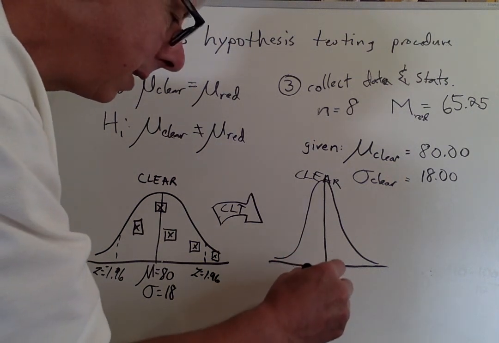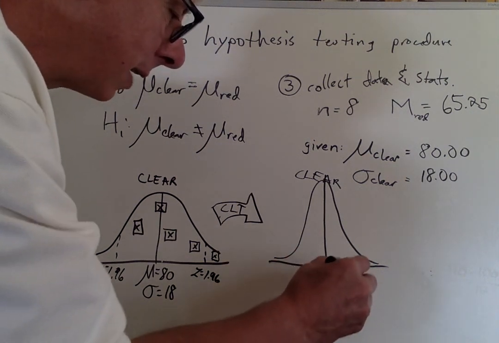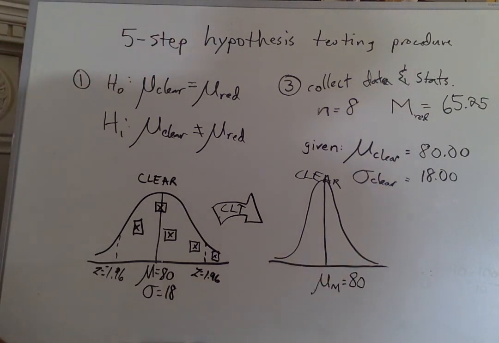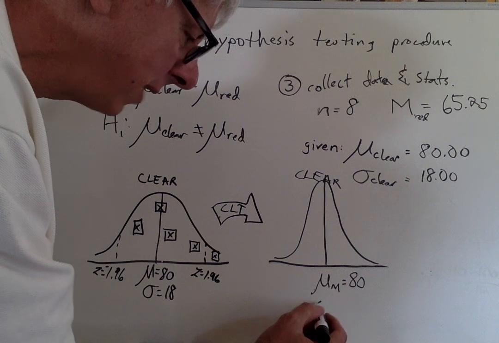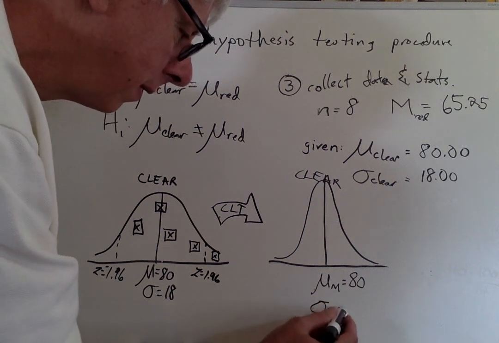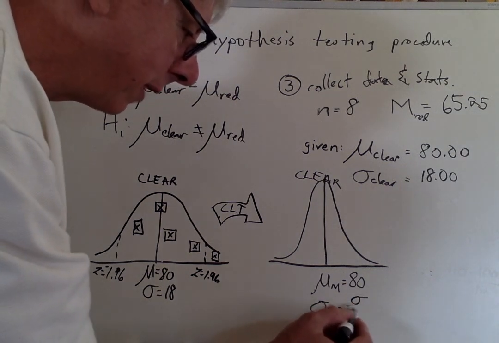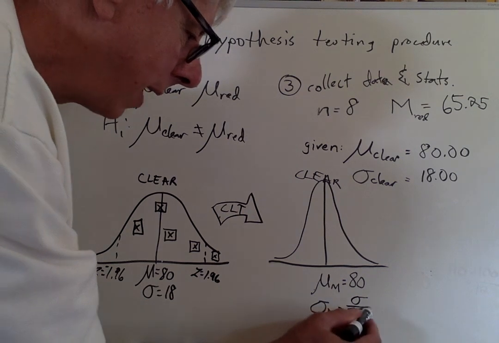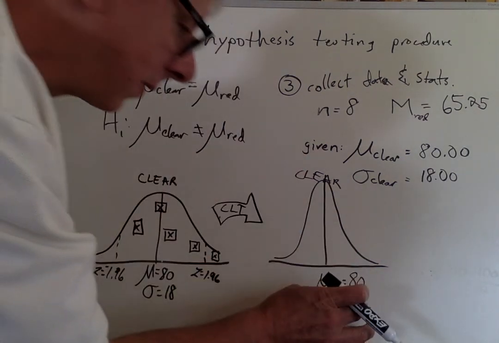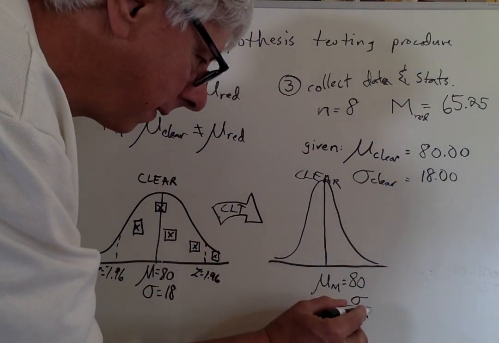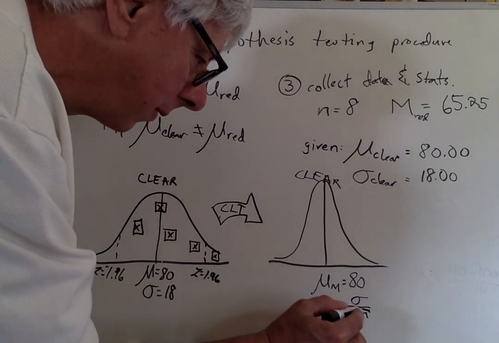It would have a mean of all the sample means equal to 80. Yes? Okay. It would have a standard deviation equal to the original standard deviation divided by the square root of the sample size. Okay.